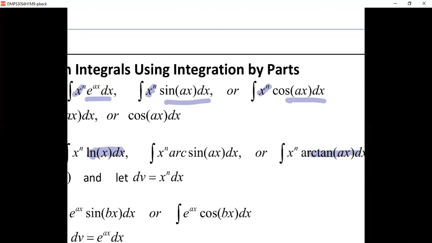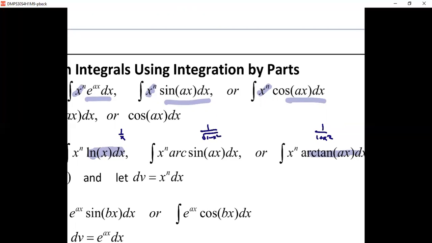The reason for that is because the derivative of natural log of x is 1 over x. The derivative of the arcsine is 1 over the square root of 1 minus x squared. I know I'm ignoring the a's, by the way. And 1 over 1 plus x squared. By differentiating these, we get them into the algebraic form as opposed to their transcendental form, and that gives us something to work with.